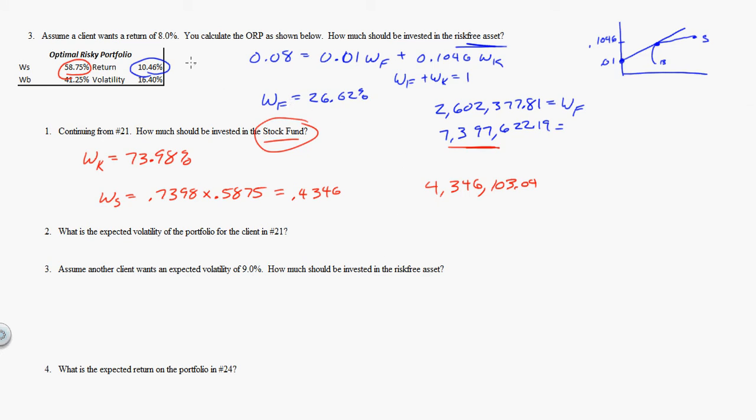So just one more time, if I want an 8% return, then I'm going to put some in the risk-free, which gives me 1%, and some in the optimal risky, which gives me 10.46%. Doing the math, I determined 26% goes into the risk-free asset and 73.98% into the optimal risky portfolio. But the optimal risky portfolio is not something you can buy on TD Ameritrade or Merrill Lynch. You're creating it by combining stocks and bonds like this.